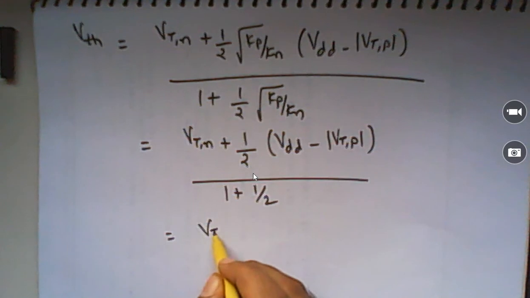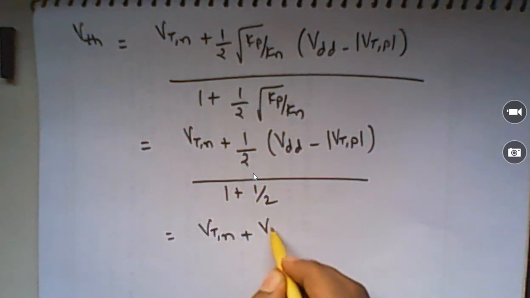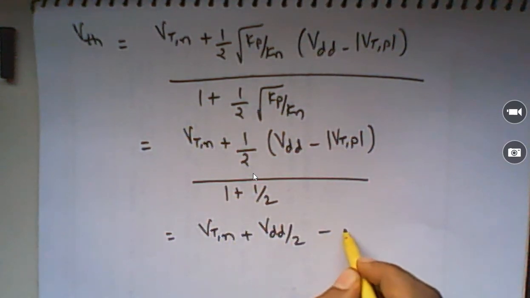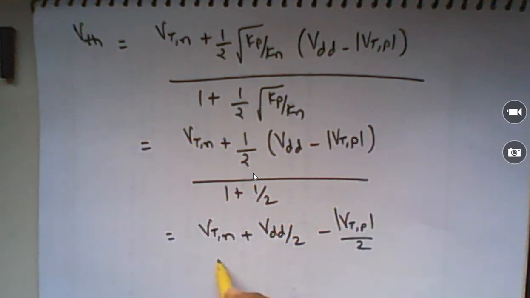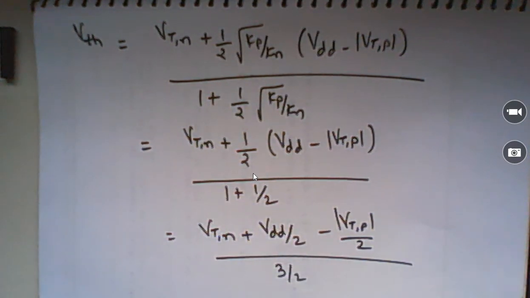So we get the threshold voltage of the NOR gate. It is VTN plus VDD by 2 minus VTP by 2, divided by 1 plus 1 upon 2, which is 3 by 2, right?